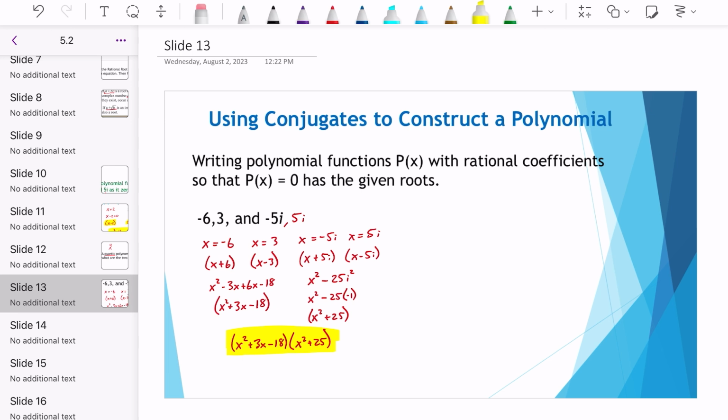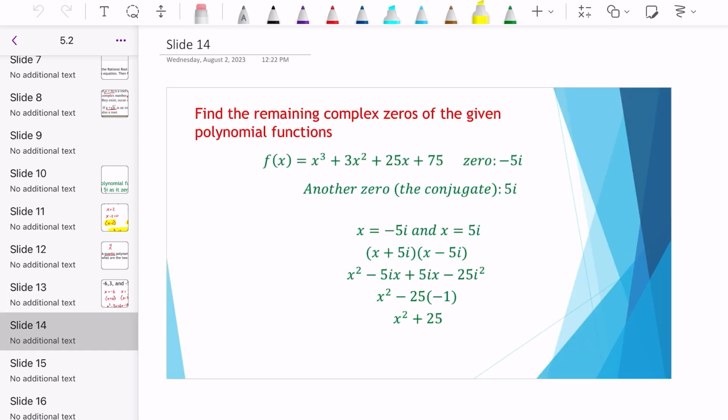Let's go ahead and take a look at slide 14. So it says finding the remaining complex zeros of the given polynomial function. Here we have x to the third plus 3x squared plus 25x plus 75.